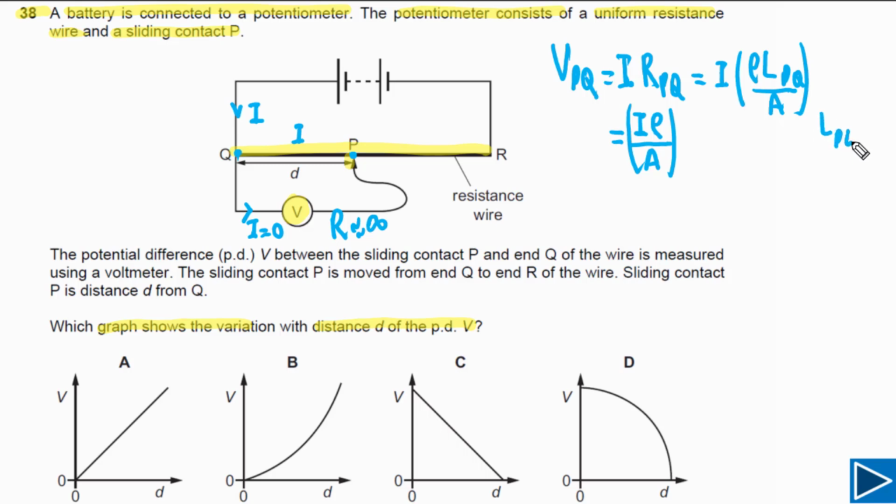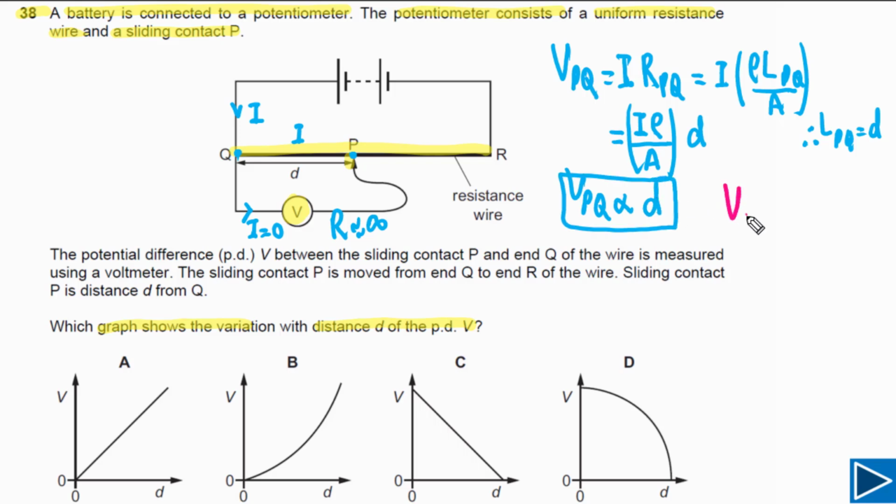So this LPQ is equal to d. So we can replace LPQ with d. Now if these quantities are constant, we can simply say that VPQ will be proportional to d.